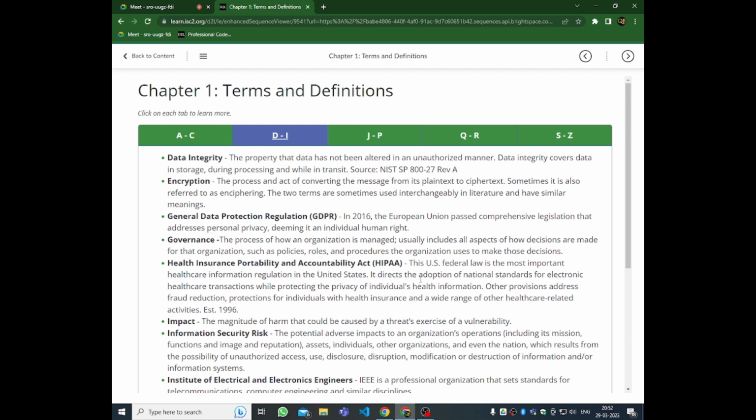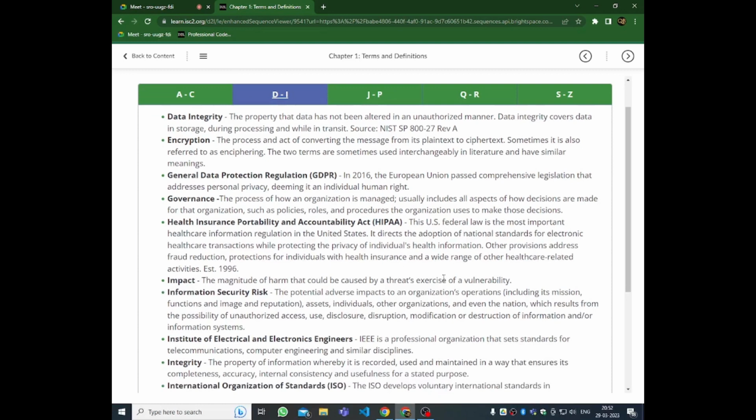It directs the adoption of national standards for electronic healthcare transactions while protecting the privacy of individual health information. Other provisions address fraud reduction, protection of individuals with health insurance, and a broad range of other healthcare-related activities.